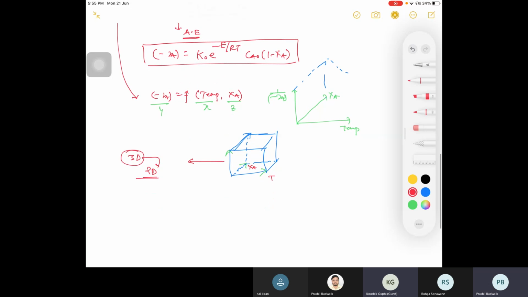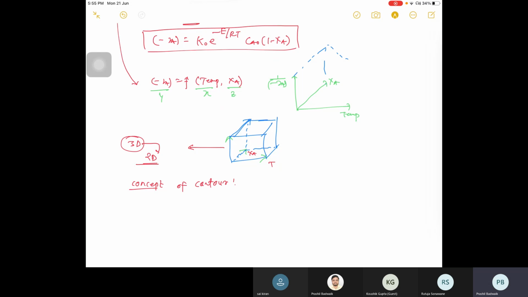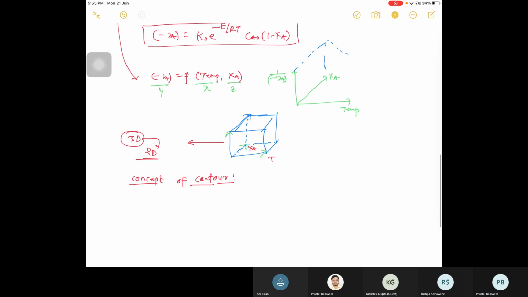So as he rightly pointed out, by keeping one of the variables as a parameter, that is called the concept of contour. That is conversion of 3D into 2D by keeping one variable as your parameter.